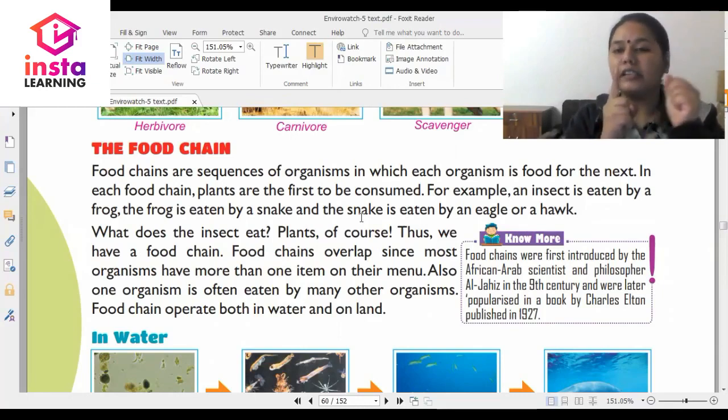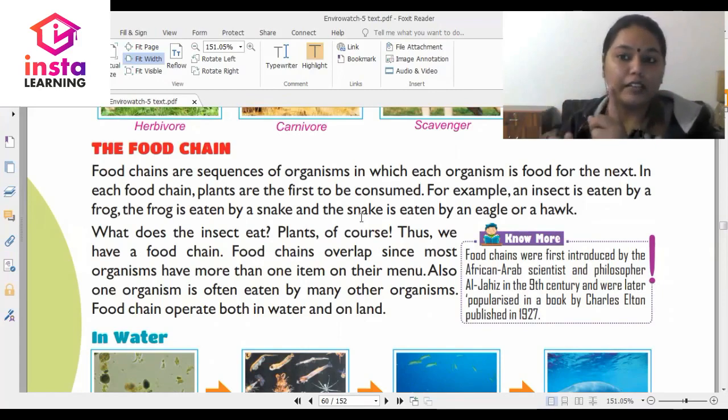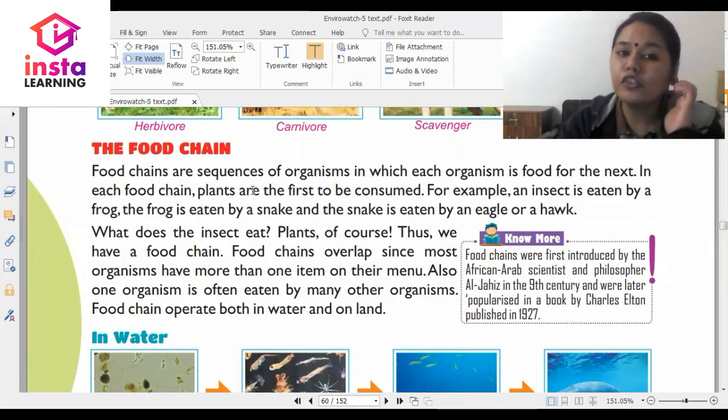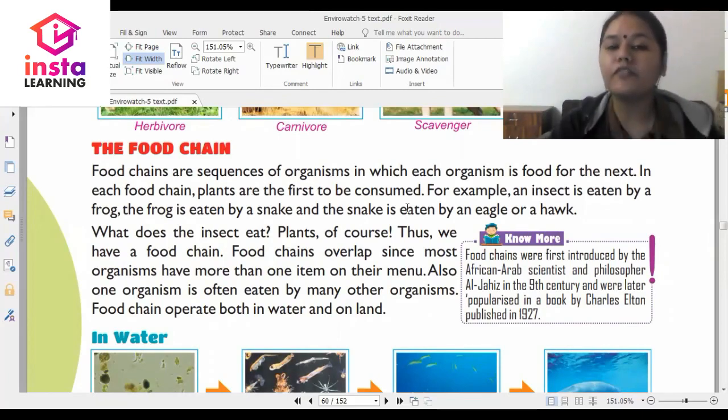And if this organism is not able to get its food, will this organism live for a long time? No. Then the next organism. So gradually everyone will lose their source of food. And can we live without food? No.